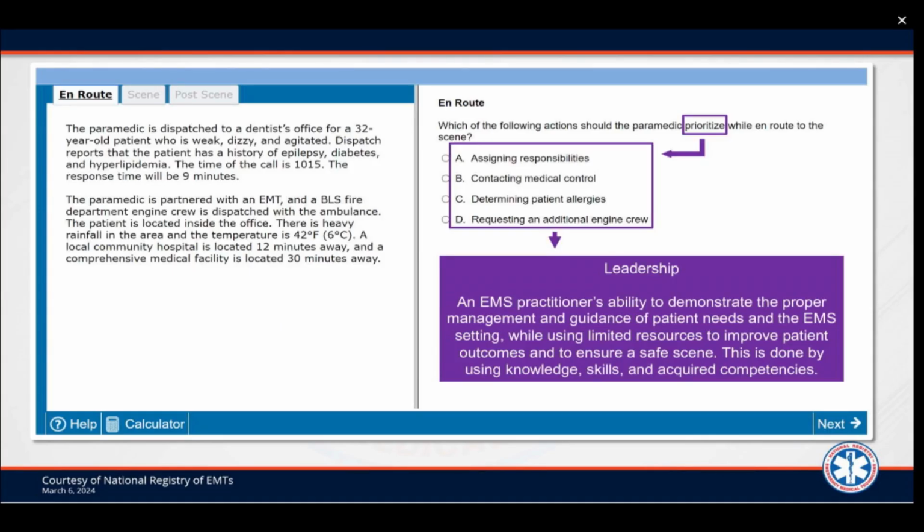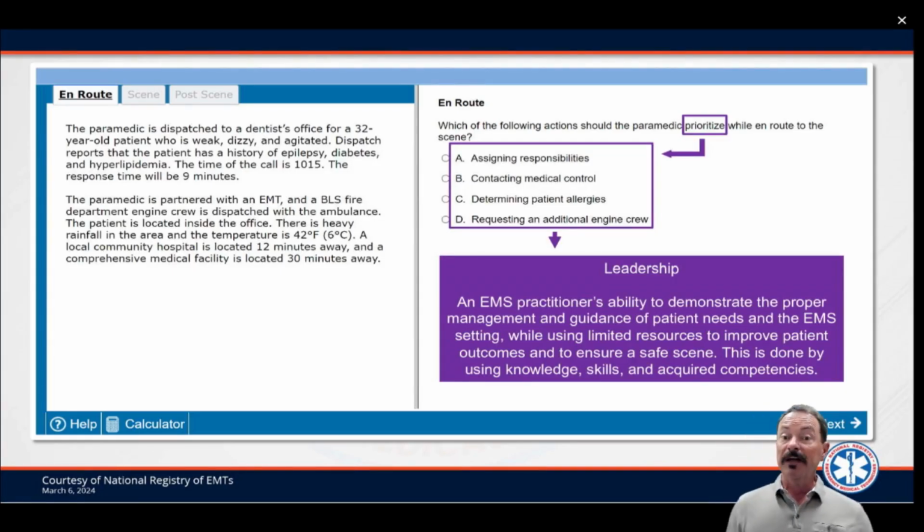The paramedic is partnered with an EMT, and a BLS fire department engine crew is dispatched with the ambulance. The patient is located inside of the office. There is a heavy rainfall in the area. The temperature is 42 degrees Fahrenheit. A local community hospital is located 12 minutes away, and a comprehensive medical facility is located 30 minutes away.